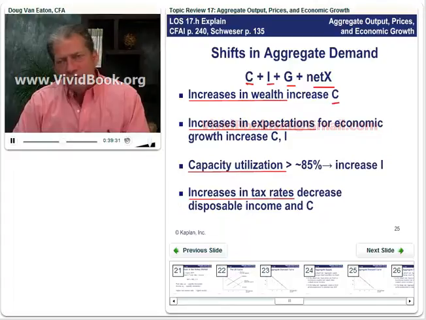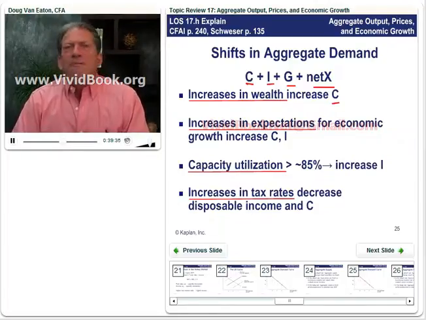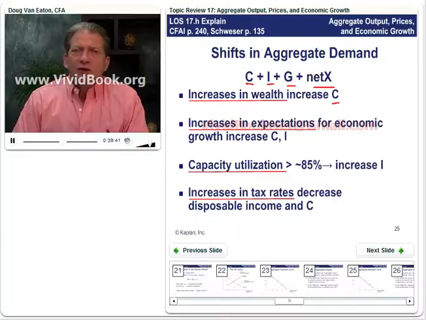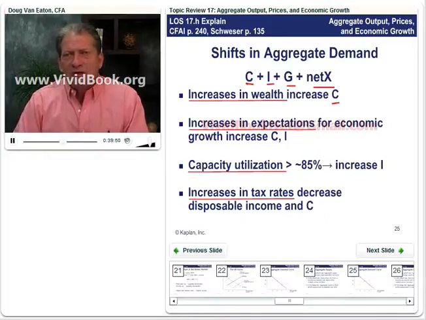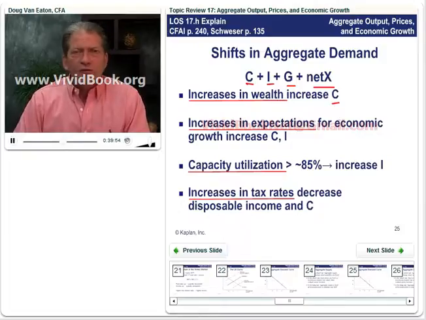When the future looks brighter, people spend more now. When the future looks brighter, businesses invest more now. And it's also true that when capacity utilization runs above 85%, so that there's not much slack in the productive capacity, then businesses tend to increase their investment spending.